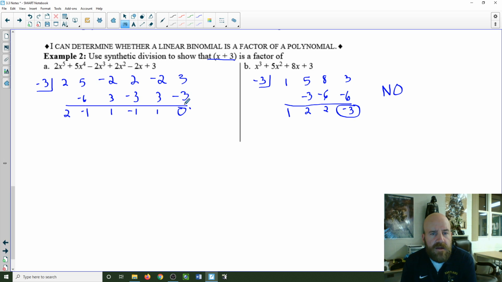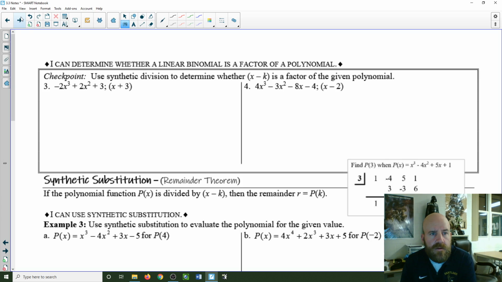So we're looking at, remember, our remainder is 0, so this is a, yes, x plus 3 would factor in evenly to our given polynomial. Alright, so go ahead and pause and try those real quick.